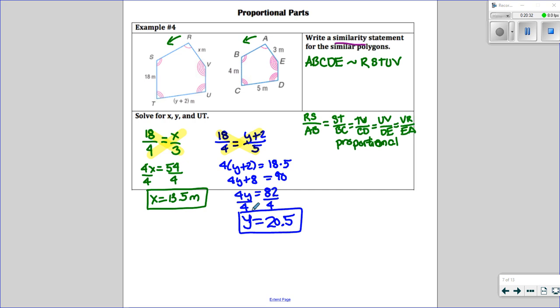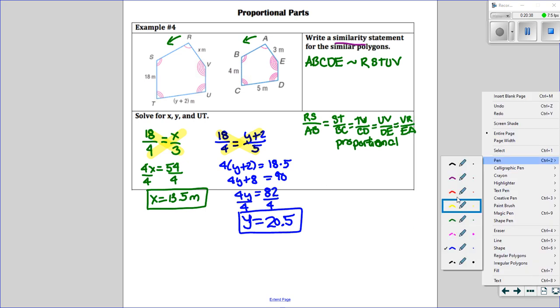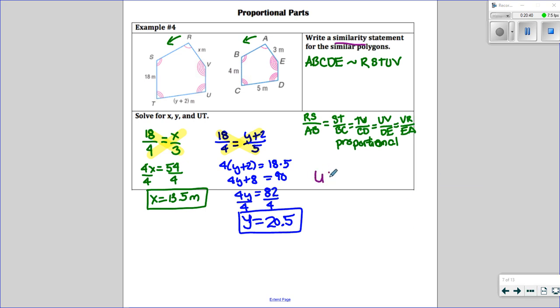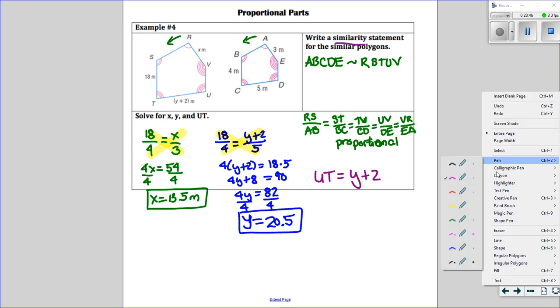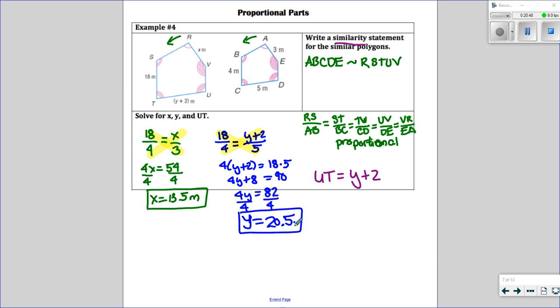Now, since I found y, I can plug that into UT. I'll use another color to distinguish. So UT is equal to y plus 2. Put an m for meters.